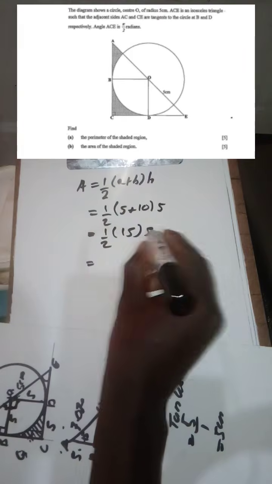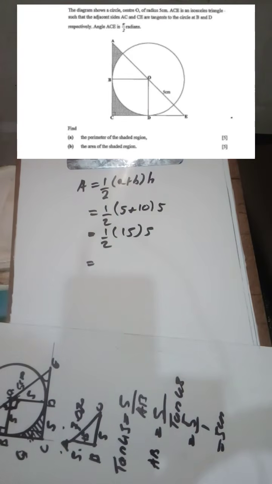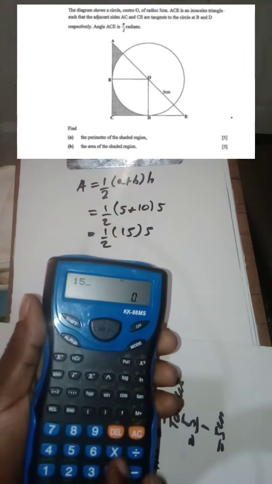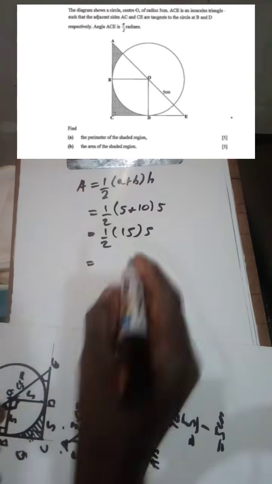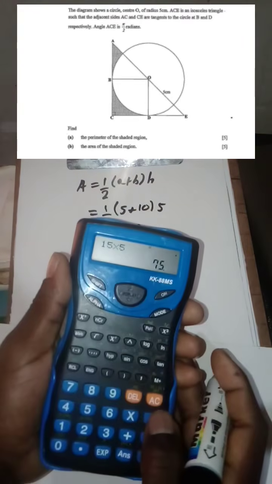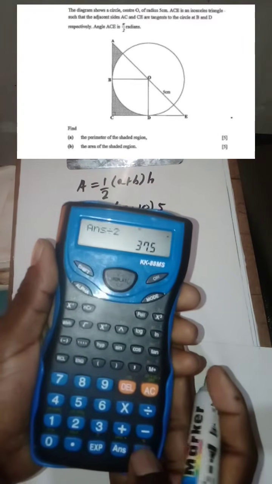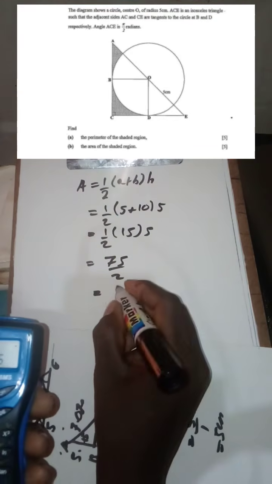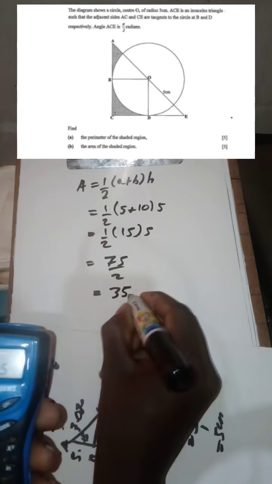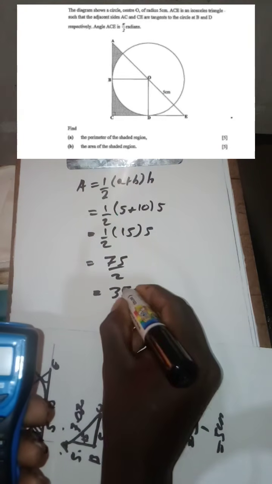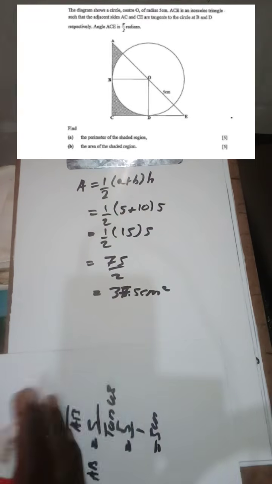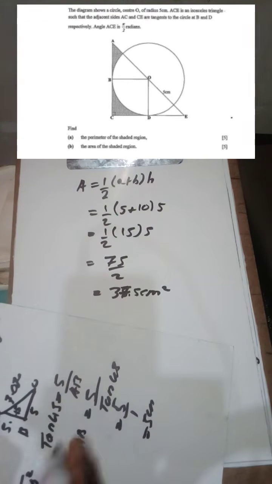This will give you 75. Just seek the help of the calculator. We have 75 divided by 2, and what you're going to get is 37.5 centimeters squared. That is area, so we give it in square centimeters.